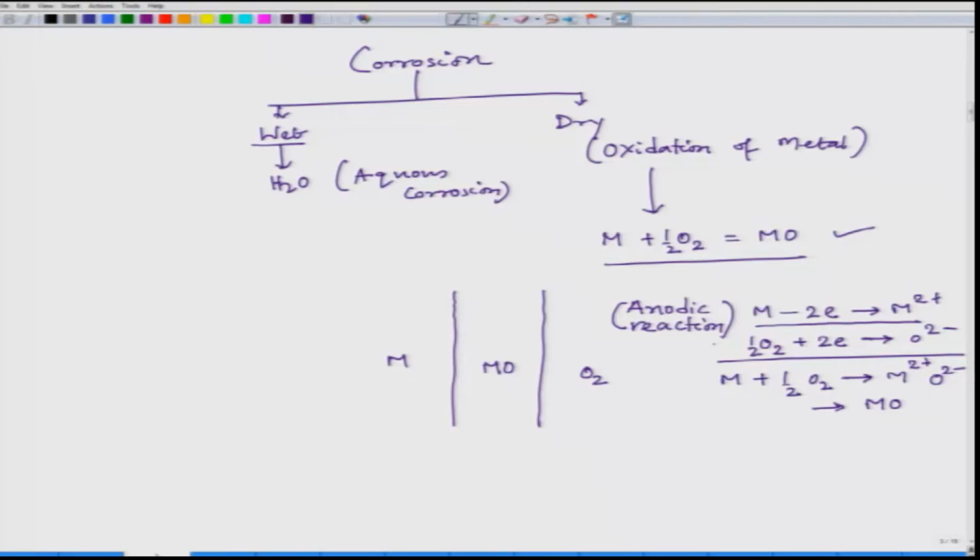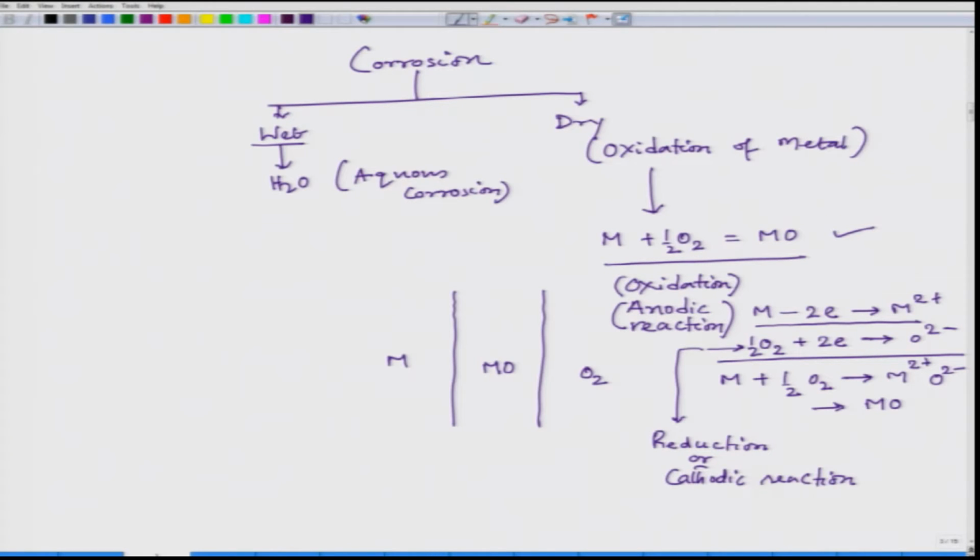Now, this other reaction is a reduction reaction, or cathodic reaction, and this is the oxidation reaction.